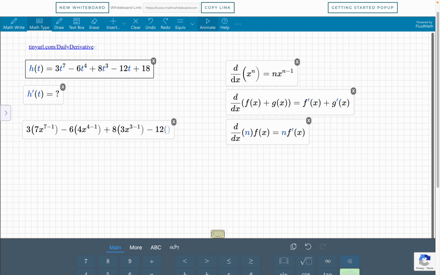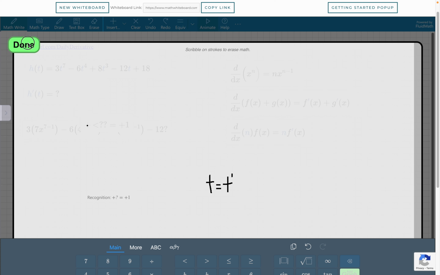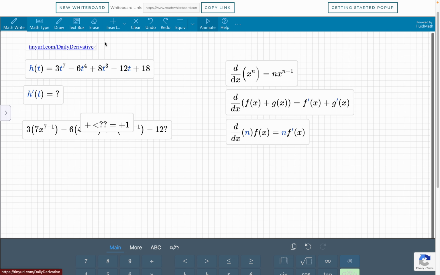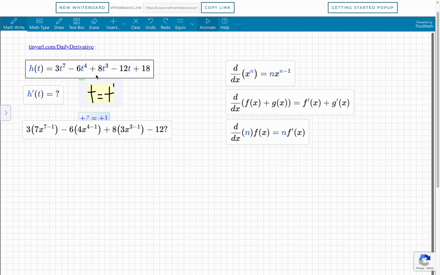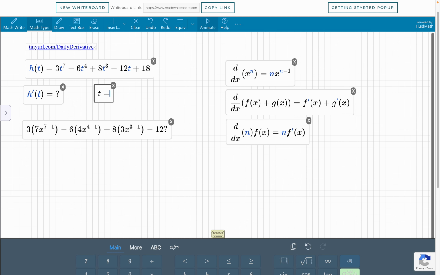Remember, t equals t to the 1, and 1 equals t to the 0.